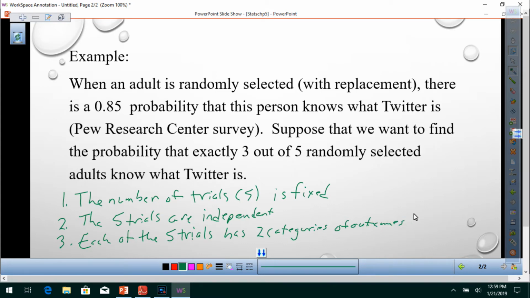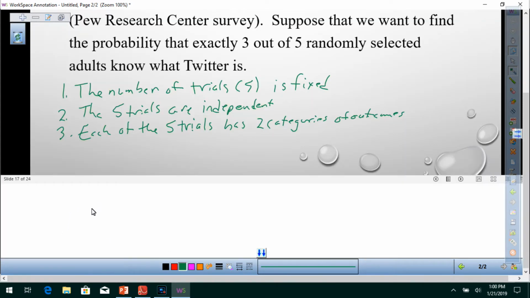They either know or they don't know. And then the fourth, for each randomly selected adult, there's an 85% probability this person knows what Twitter is. So that's a fixed probability. It's the same for everybody.